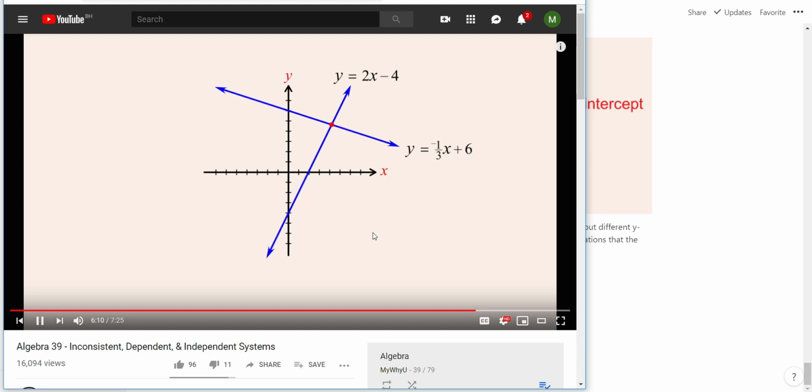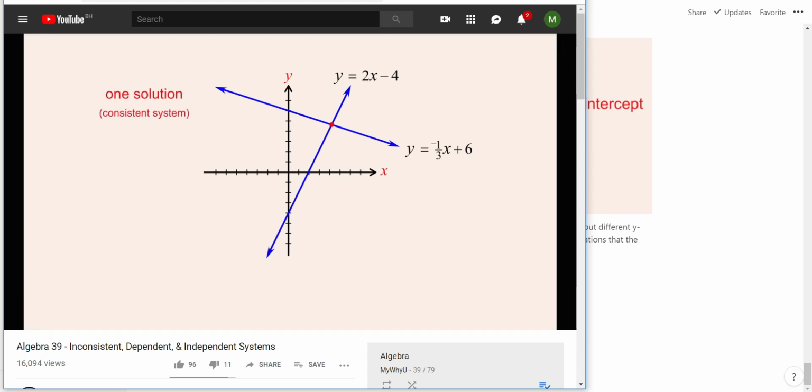The system therefore has one solution and is consistent. And since each equation describes a different line, the equations are independent.